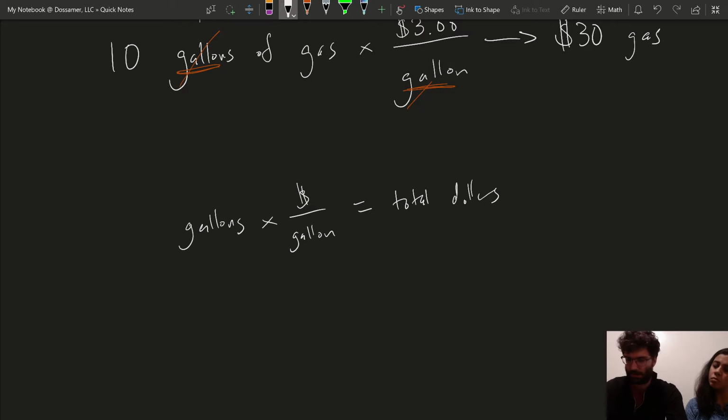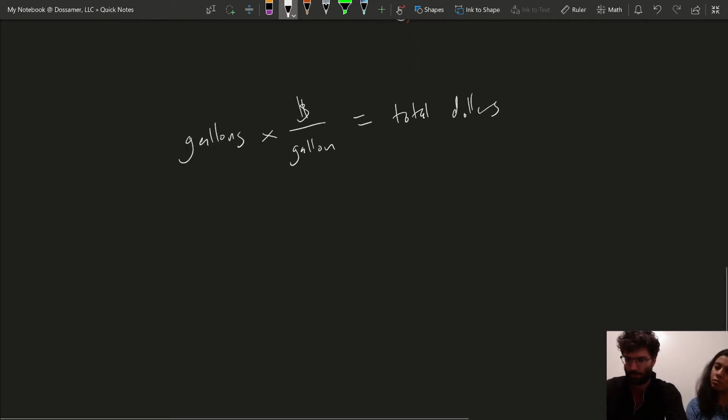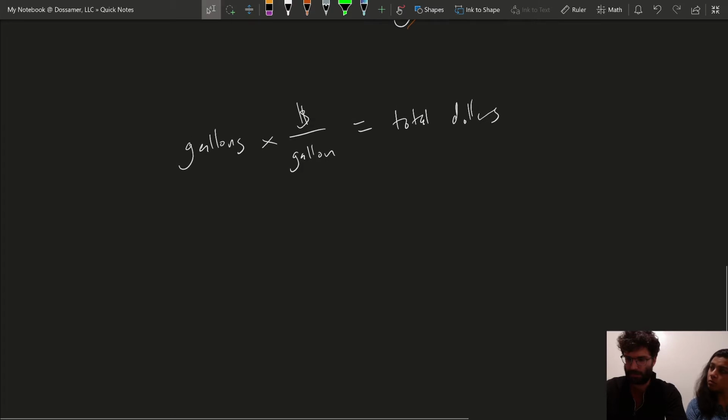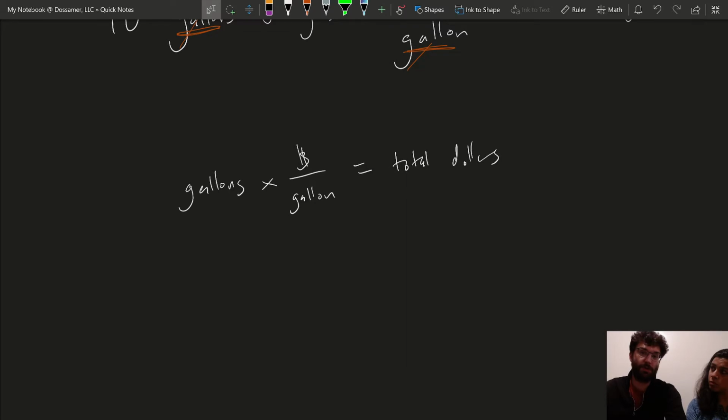But we could also just write gallons times dollars per gallon is equal just to total dollars, something like that. And the notation is a little funky there.